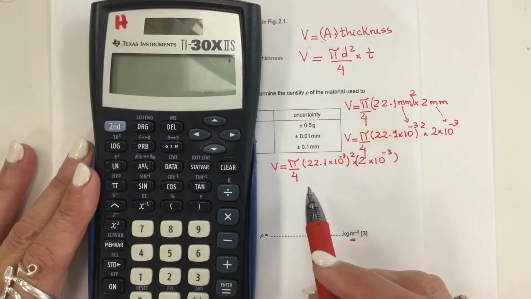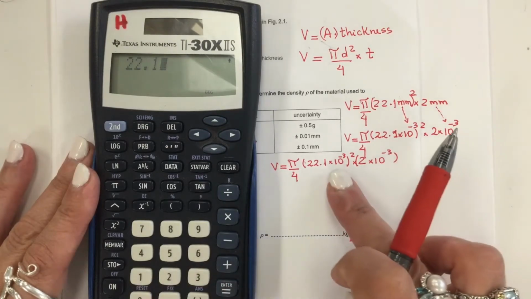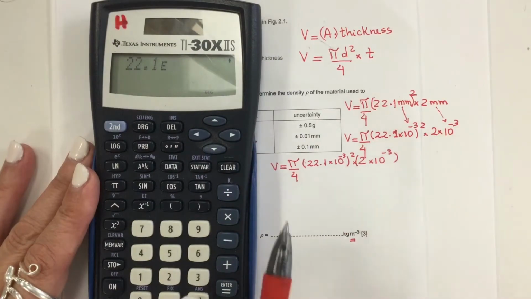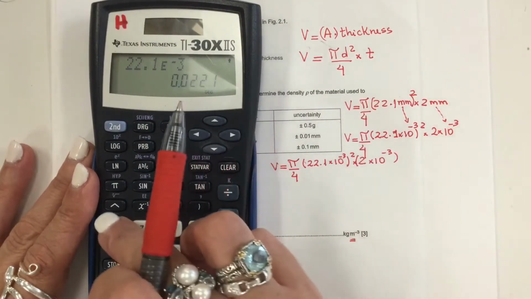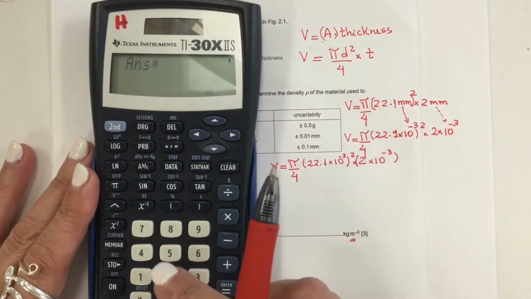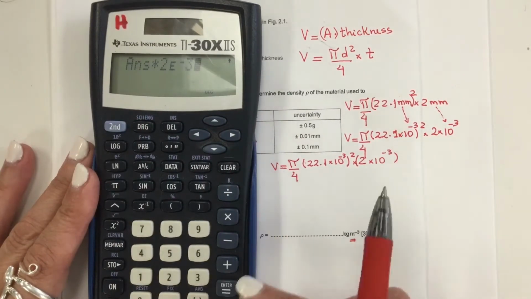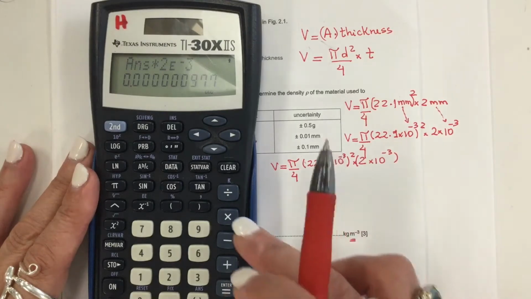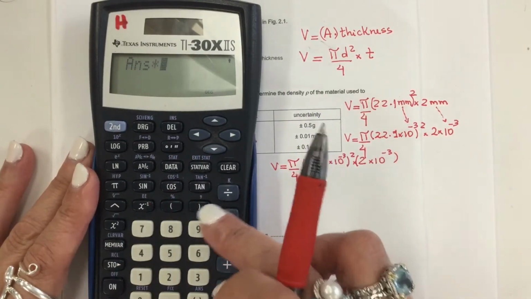Now I'm going to calculate this. So it will be 22.1 EE negative 3 squared, times 2 EE negative 3, all this divided by 4, and times pi.